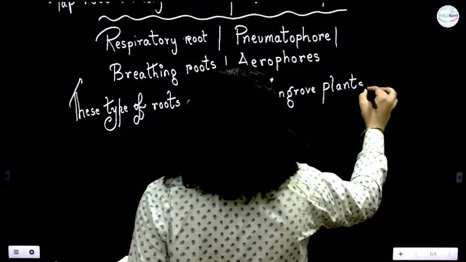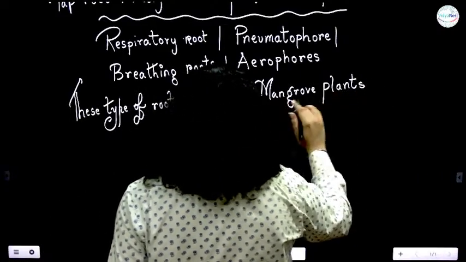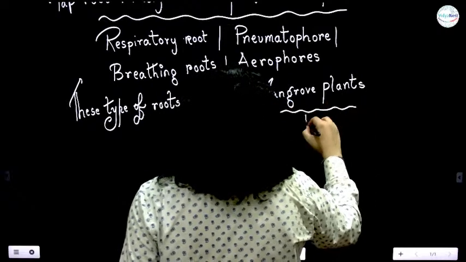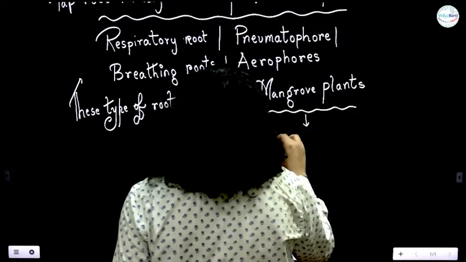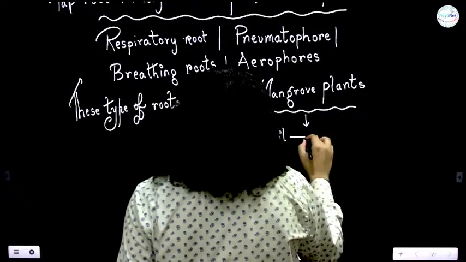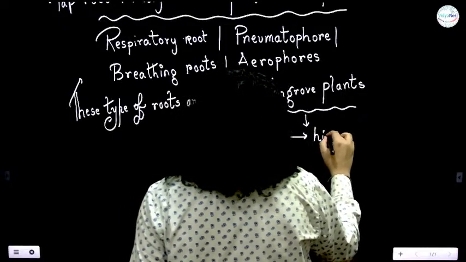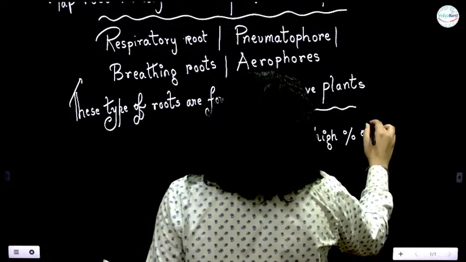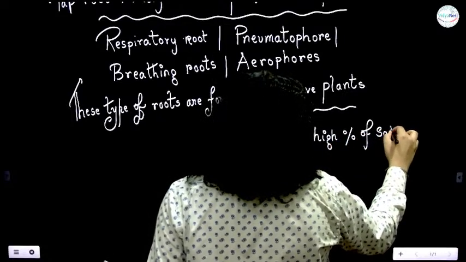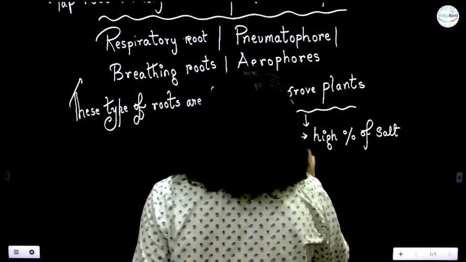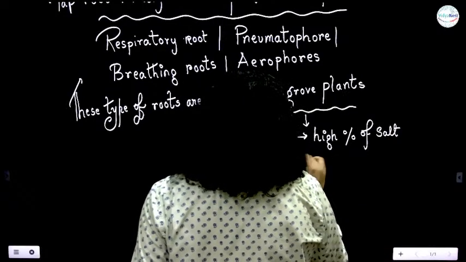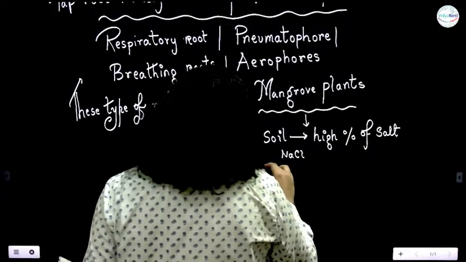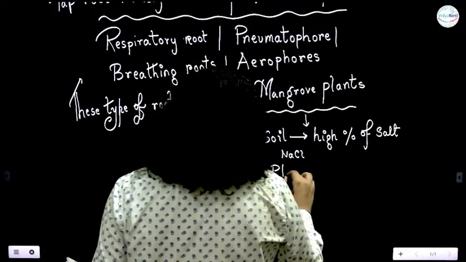Wherever these mangrove plants grow, the soil has a high percentage of salt, that means it contains a high amount of sodium chloride. This type of soil is known as physiologically dry soil.